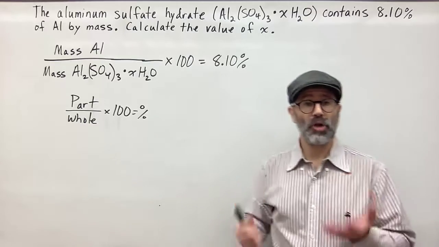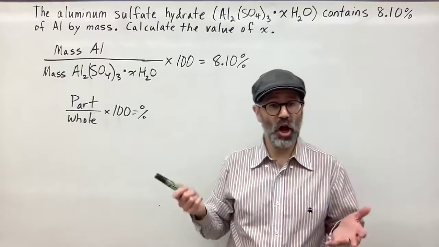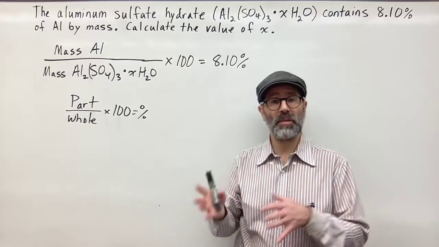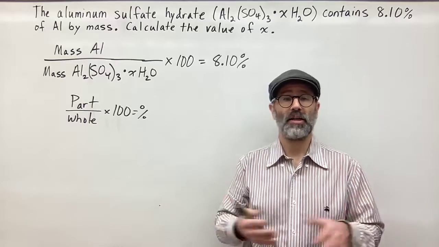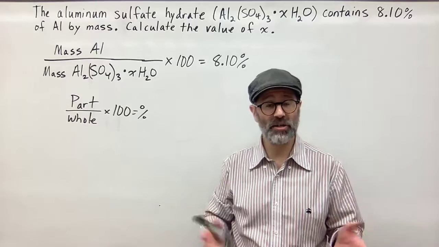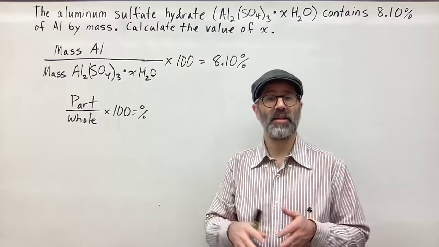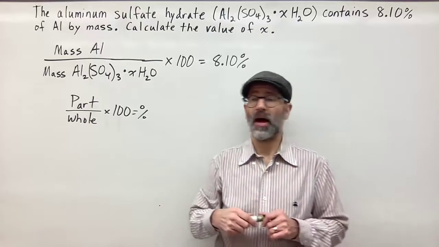Okay, so as we know, a percent means out of 100. So cent, keep in mind century, a century is 100 years. So percent is per 100 or out of 100.